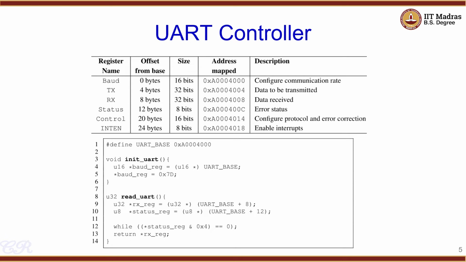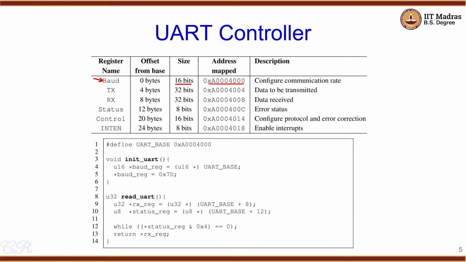So, for example, at the address 0xA0004000 is the register called baud, right? This baud register is 16 bits and is essentially used to configure the speed of communication of the UART. Because this is a serial communication, the speed is in bits per second, right?